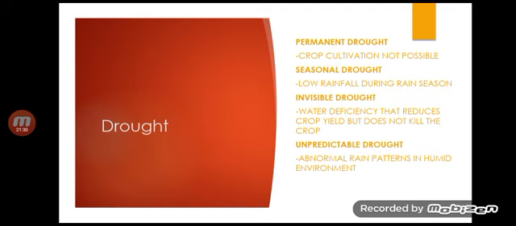The crop is not dying, but your yield is becoming less and less, and this yield does not fulfill all the needs of that particular area, and that is known as invisible drought.